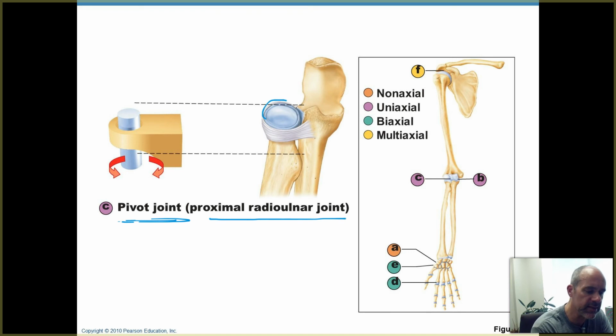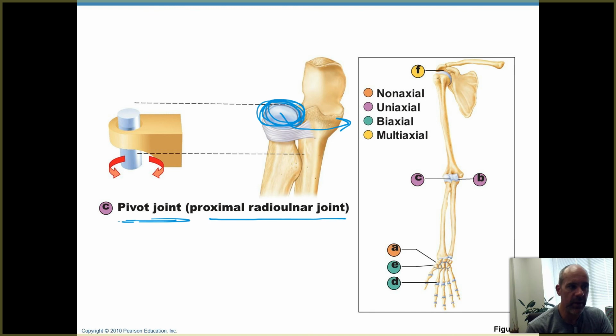Because the radius has that round head, the radius is able to rotate. Think about if you're standing in anatomical position, you guys know that you can rotate your forearm around that way. When you do that, that is a pivot type motion, and that is occurring as the head of the radius rotates around that portion of the ulna.